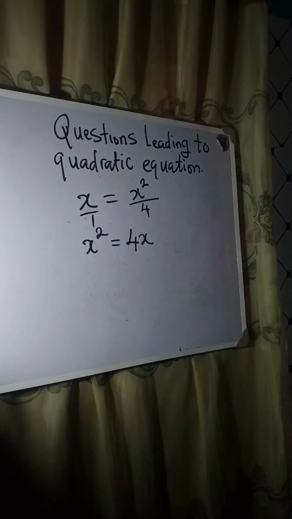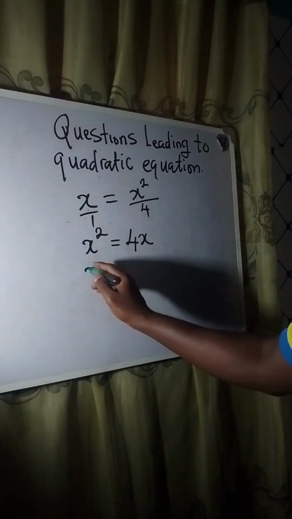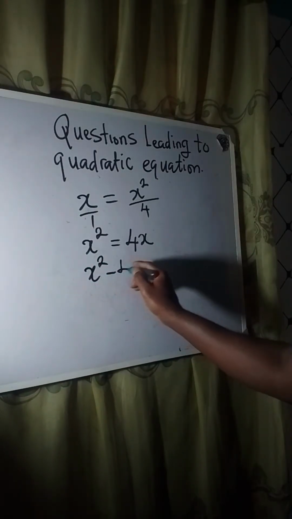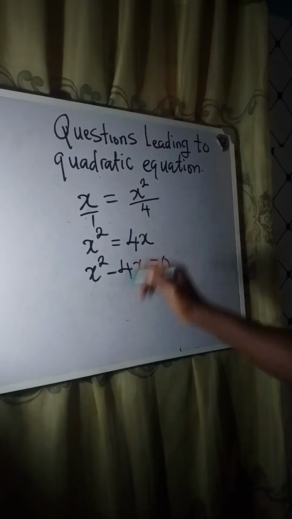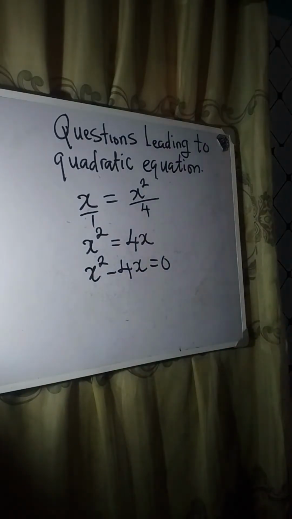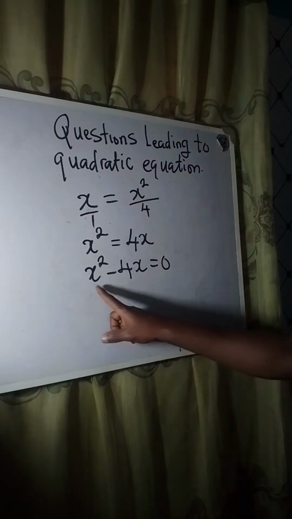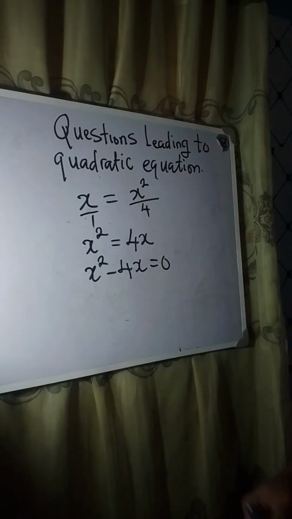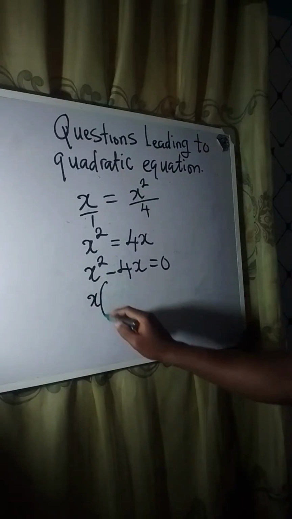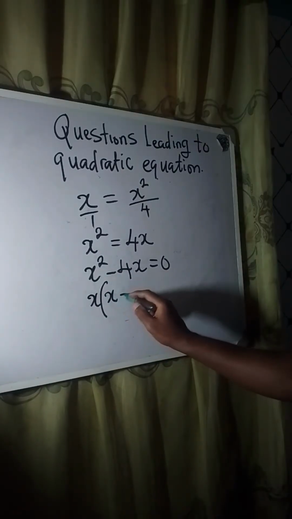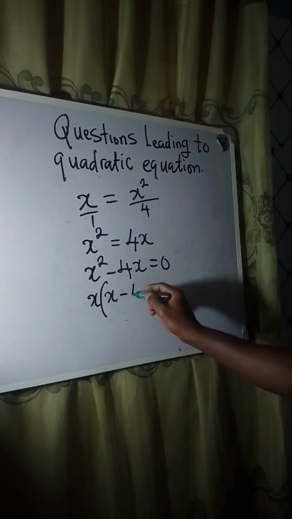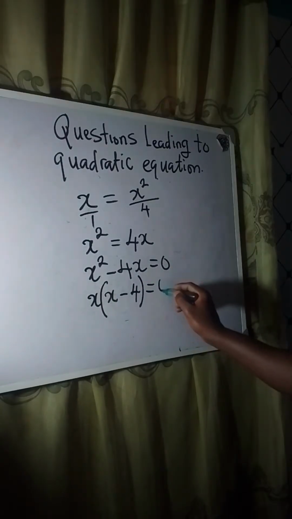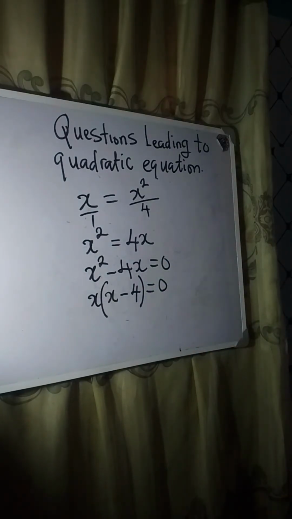So in this case, we have x squared minus 4x equal to 0. Now, we apply the factorization method because something is common to this, and that thing is x. So here we'll have x left, minus 4, and everything is equal to 0.